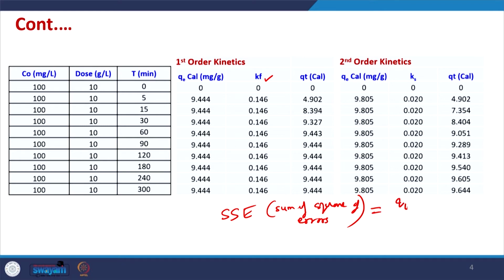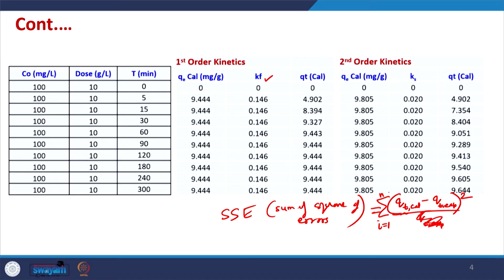So, QT calculated minus QT experimental, divided by QT experimental, and okay. So, no, we do not divide, if we divide it will become average of error. So, for square of error we do not divide, we can directly use this expression for finding out, and we have to sum for all the data sets from 1 to n.